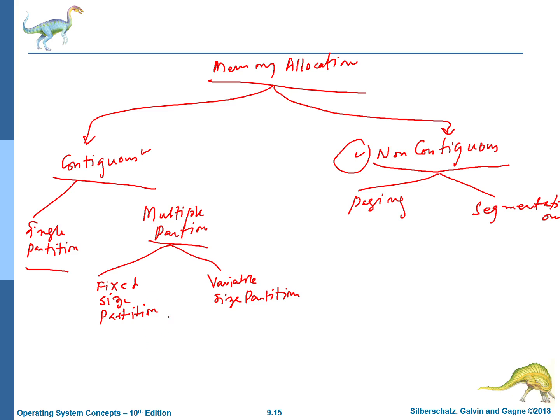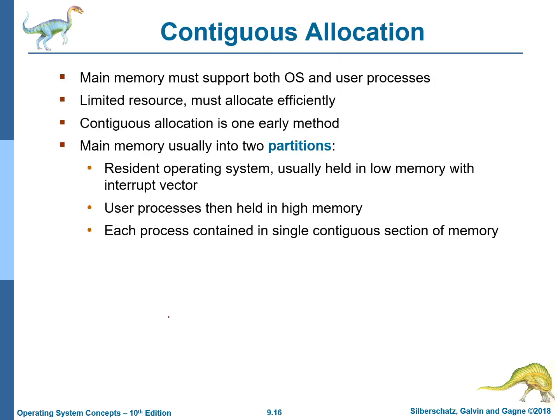So the contiguous memory allocation is actually a continuous type of memory allocation, where every process, suppose this is a process and it might have 1, 2 and 3 K of memory, which is going to be shifted into the main memory.